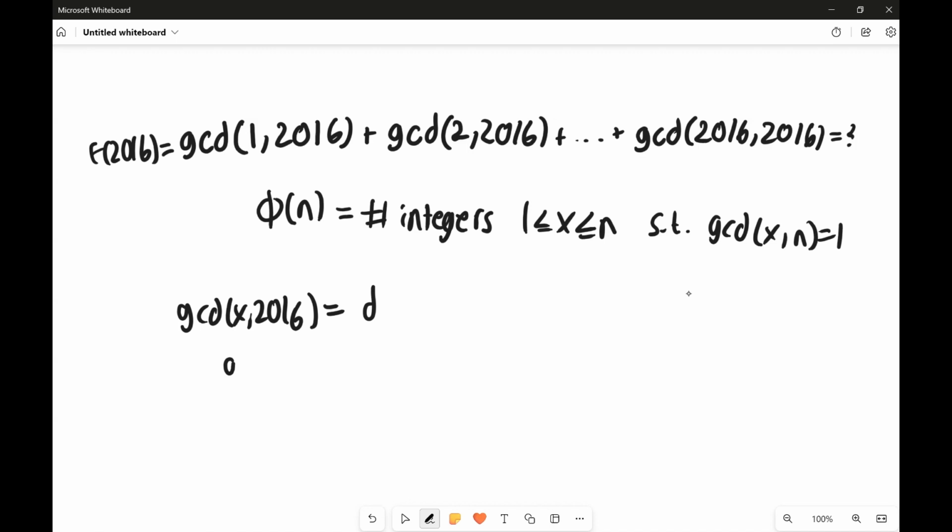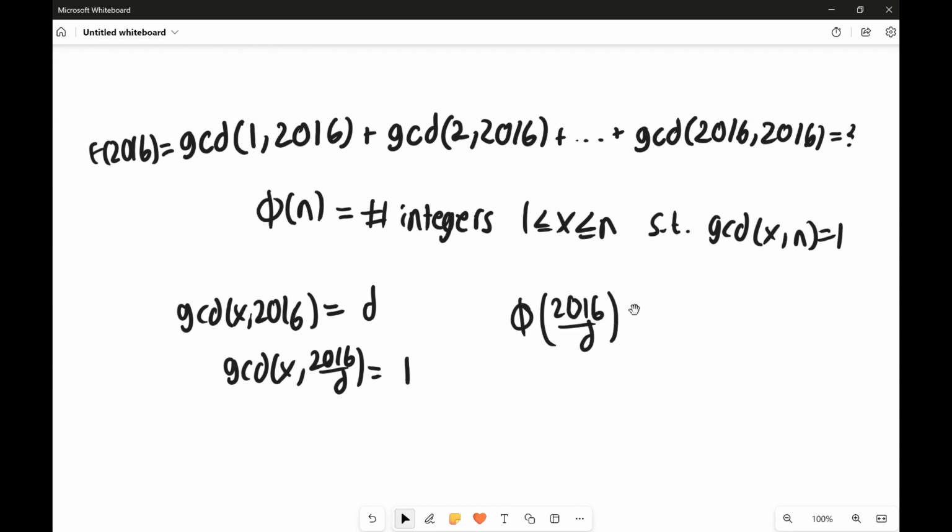But this means that the GCD of x over d and 2016 over d is equal to 1. So by the Euler totient, there are phi of 2016 over d possible values. That's how many integers between 1 and 2016 satisfy this.